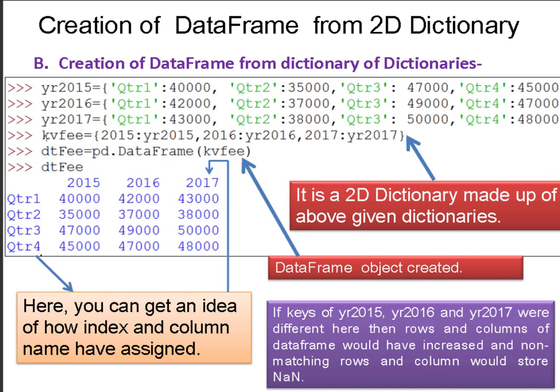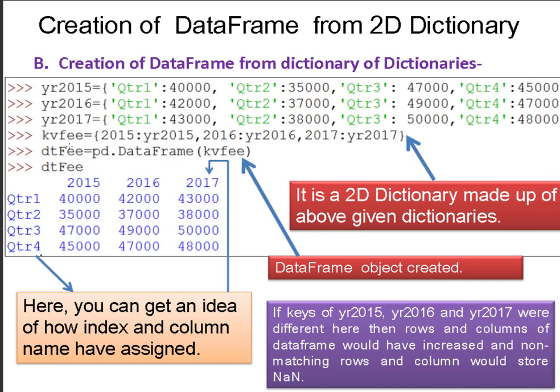Now we convert this KV fee object into the form of a data frame. So simply you can create the data frame object. First you will write the data frame object name, like DT fee. Clear?